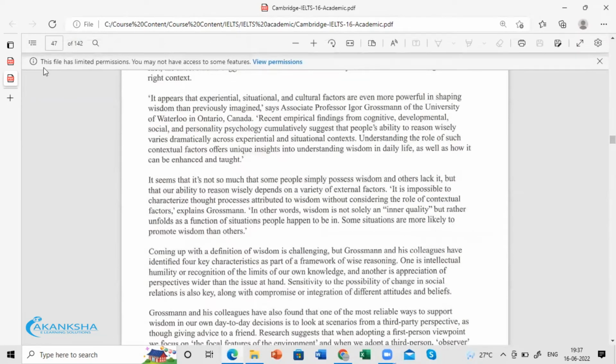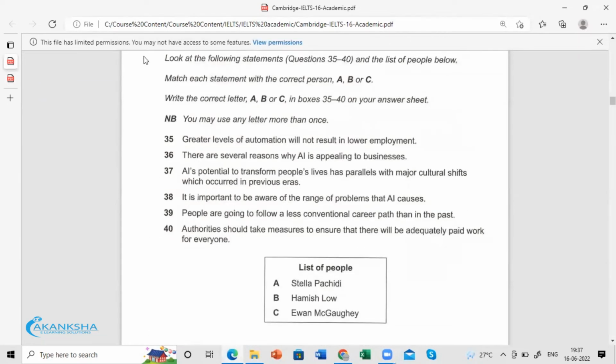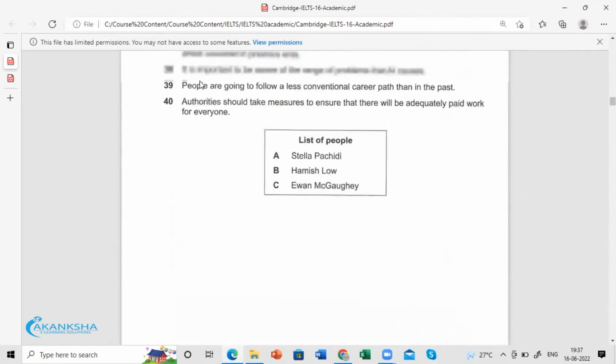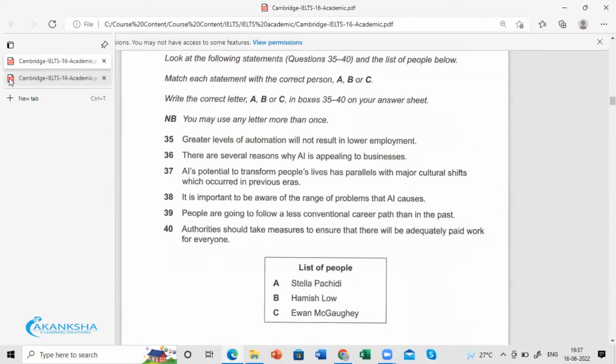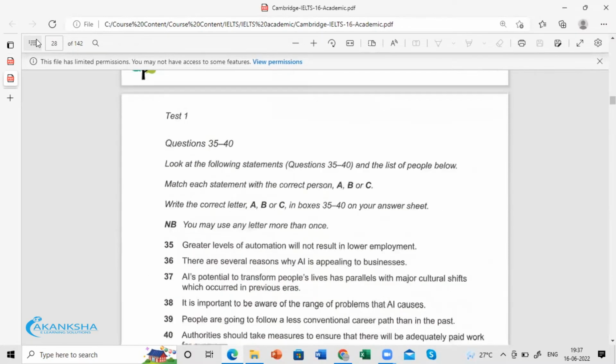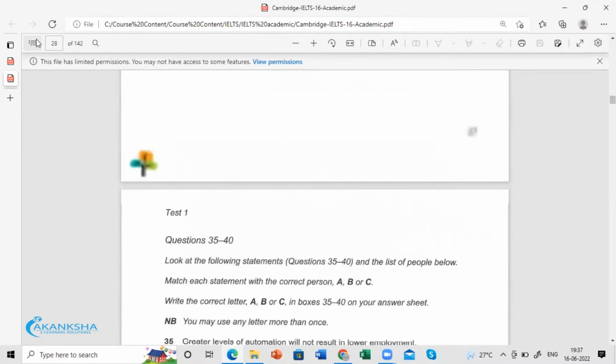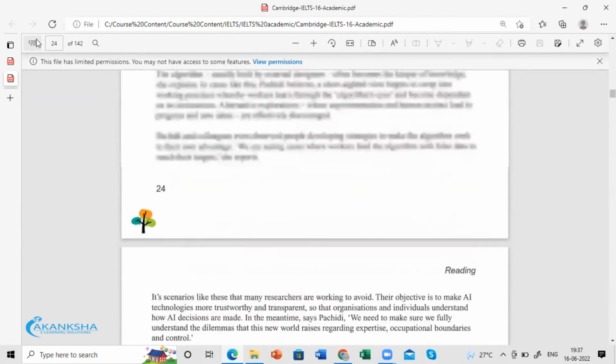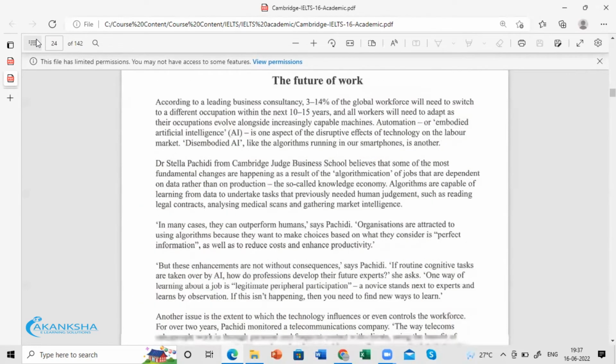Let's see the second paragraph there. So page number is 28. Let's go to the paragraph. So Stella Pechidi, where is he?